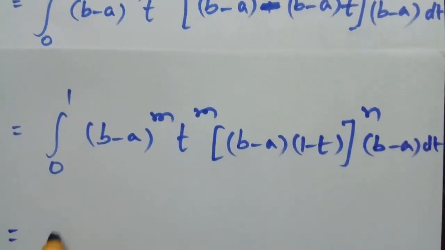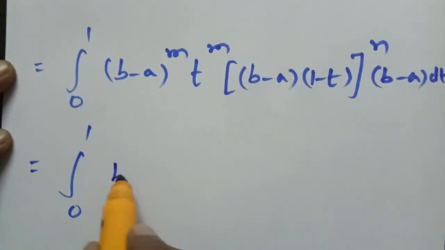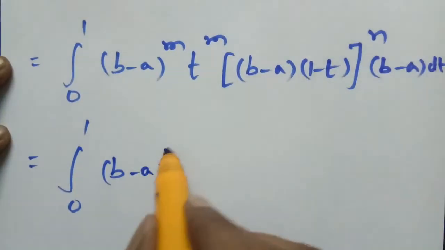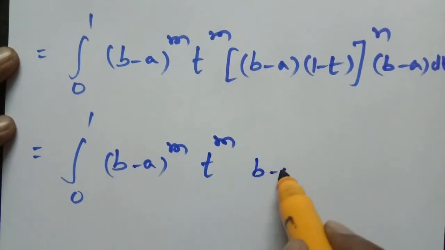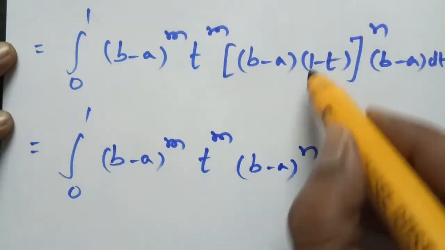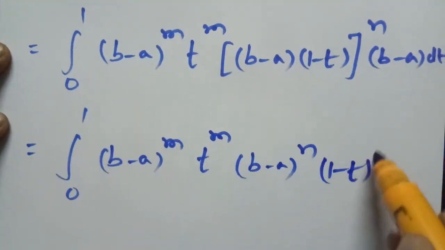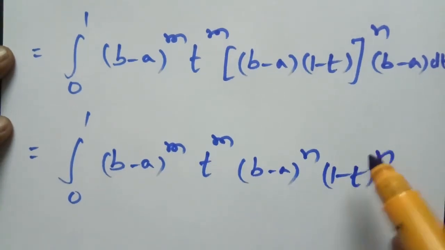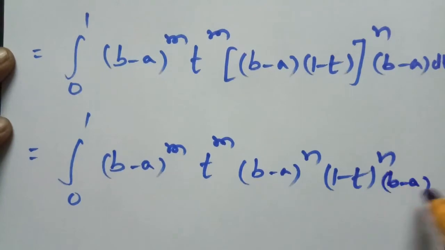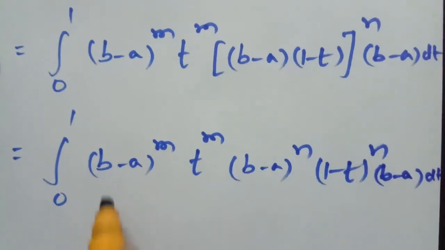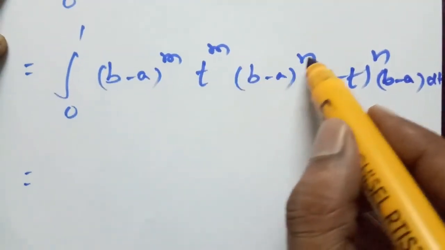That is equal to integral 0 to 1 b minus a whole to the power of m into t to the power of m, b minus a whole to the power of n into 1 minus t whole to the power of n, since ab whole power n is a power n into b power n, into b minus a into dt.